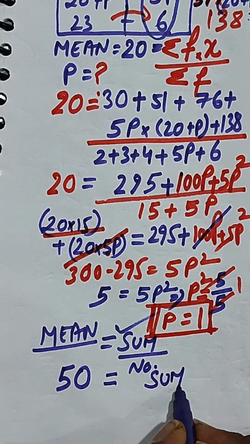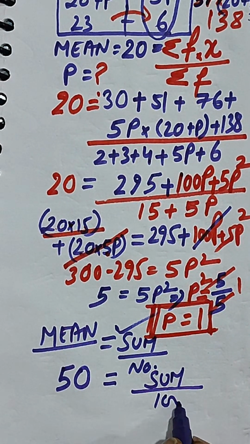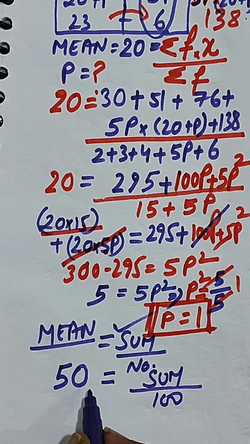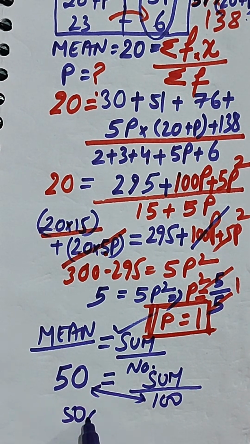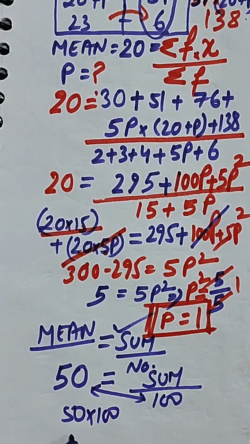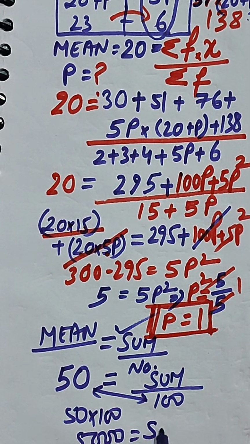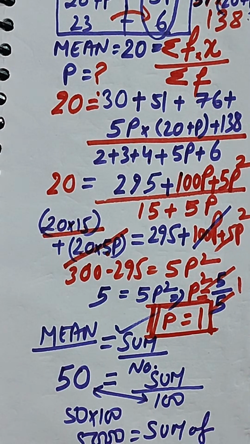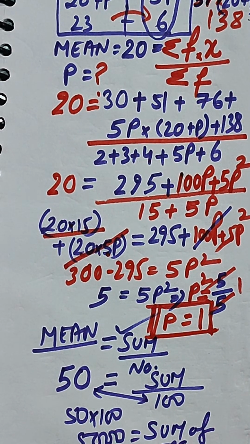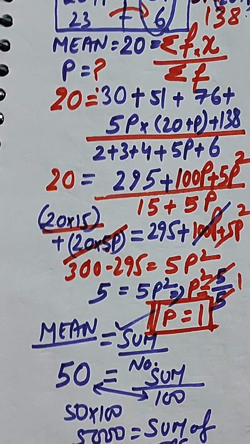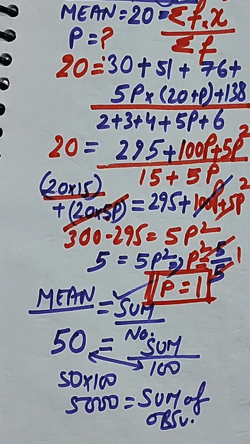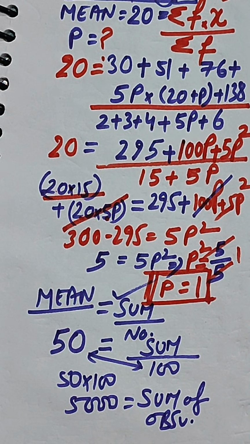So what you can calculate is the sum. The sum is simply 50 into 100, that is 5000, is the sum of observations. You got it, right?